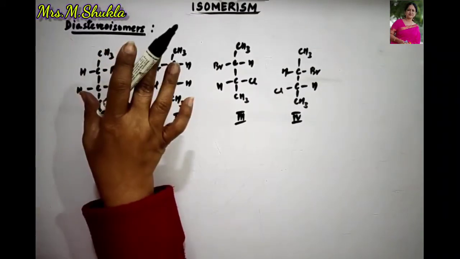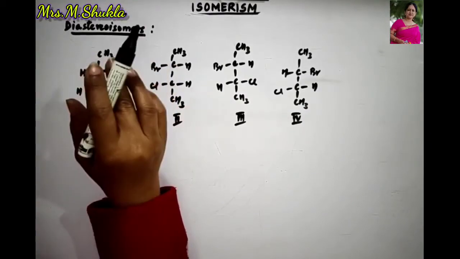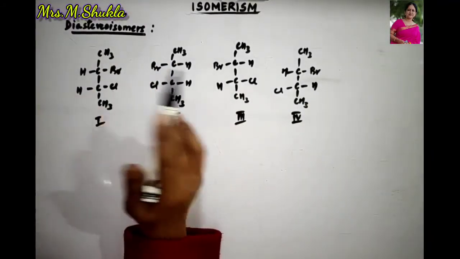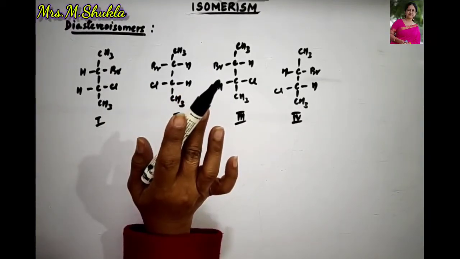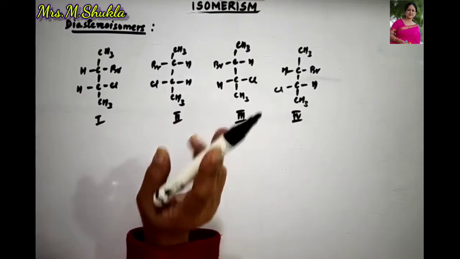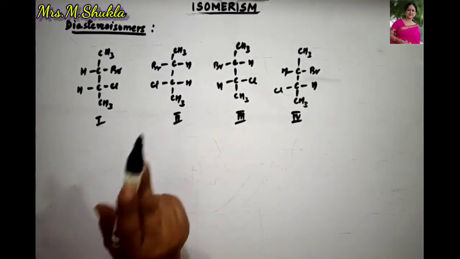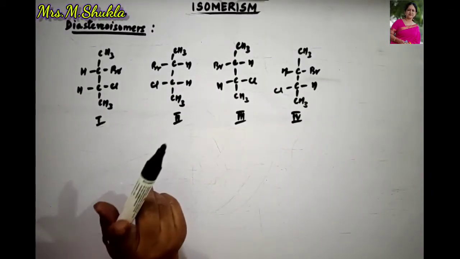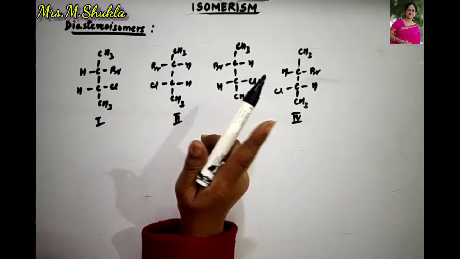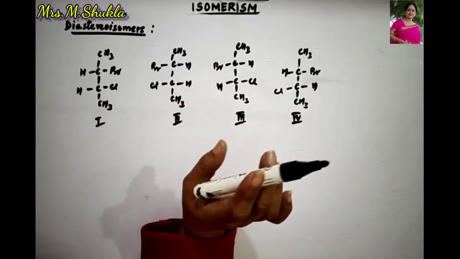They are the stereoisomers that are not enantiomers, not mirror images of one another, and they have different chemical properties also, right? They have different physical properties also. They have identical configuration about one chiral carbon, but mirror image configuration about the other chiral carbon.